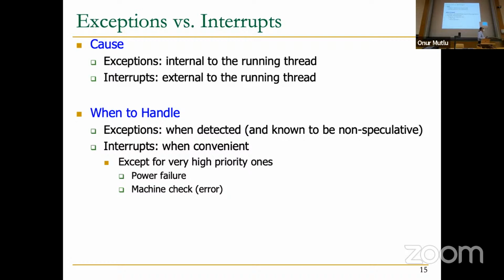Machine check is another example. Usually what happens is there are some error correction mechanisms in different parts of the machine. And one error correction mechanism says, oh, I detect an error. There's a bit flip in memory, for example, for whatever reason. While I'm scrubbing memory, meaning you check whether the memory has changed without any store actually being executed to change the memory, the memory controller says, oh, I found an error.